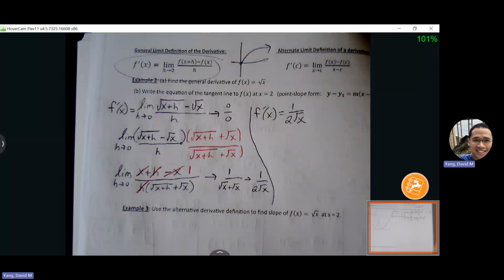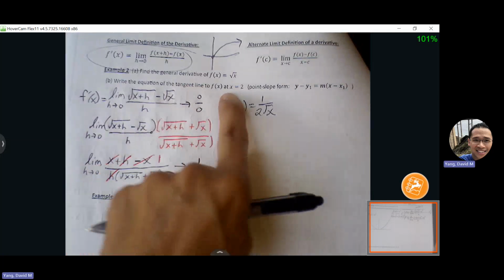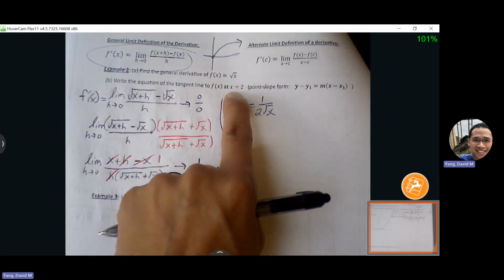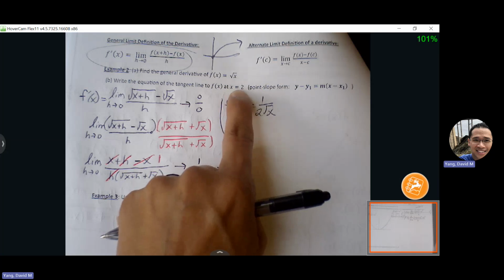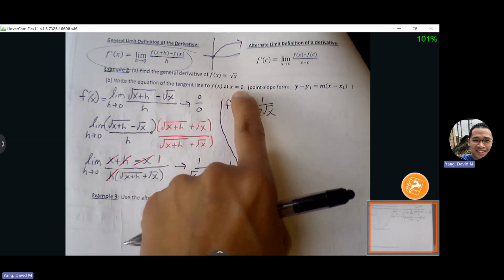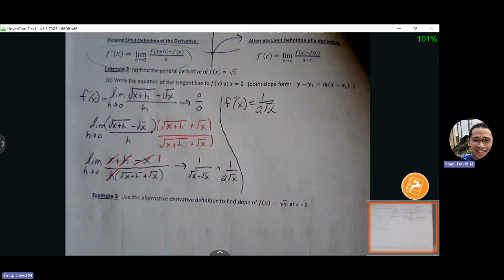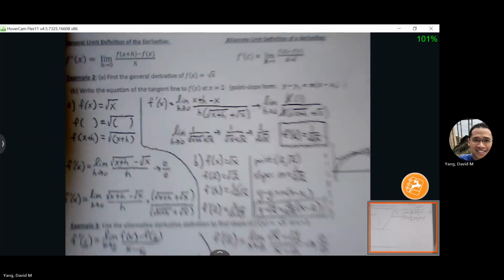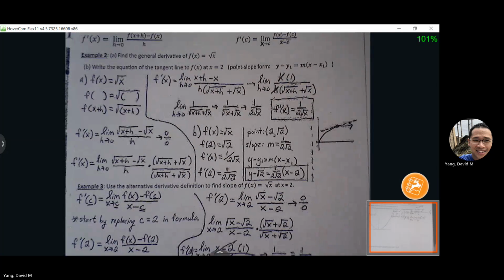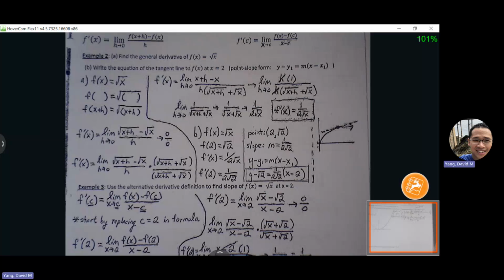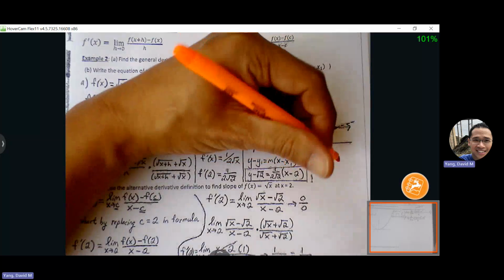So then it says, write the equation of the tangent line at x equals 2. I need to find the point. I need to find the ordered pair, and then point slope form. Okay. How do I find the point? Plug 2 into the original. How do I find the slope? Plug 2 into the derivative. Good. And you can leave your answer in point slope form.